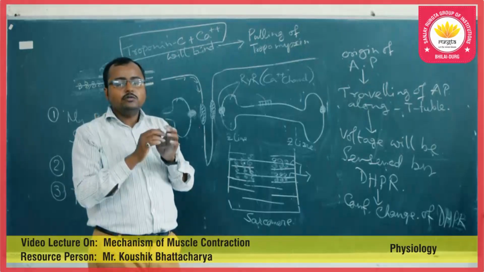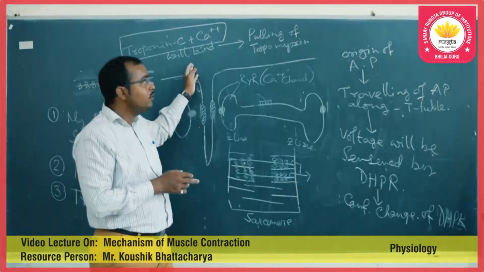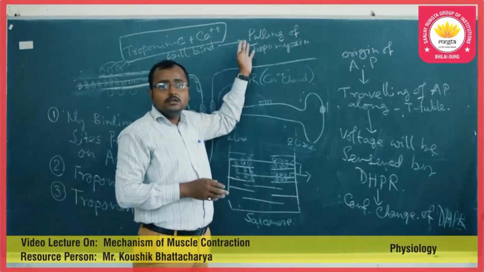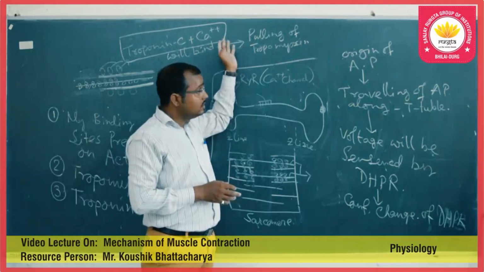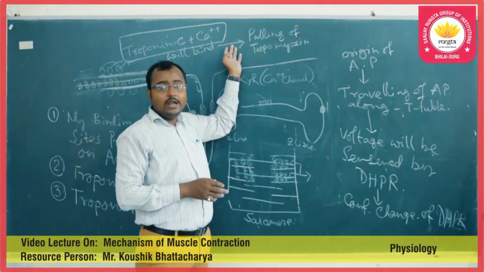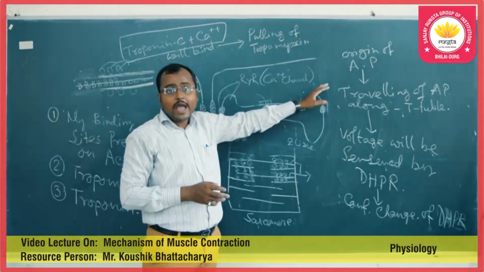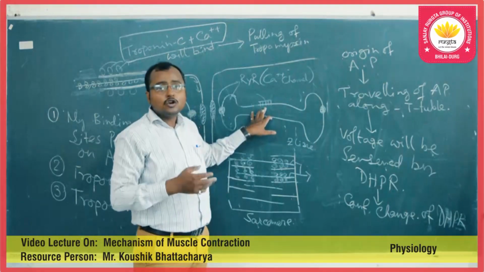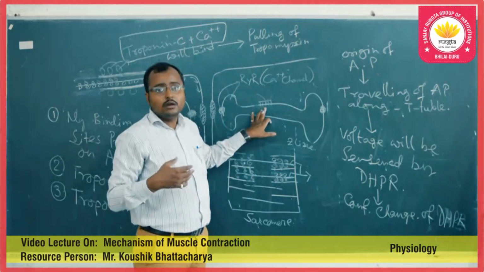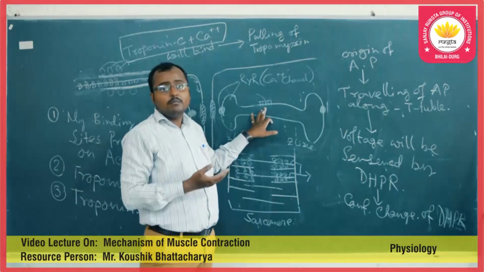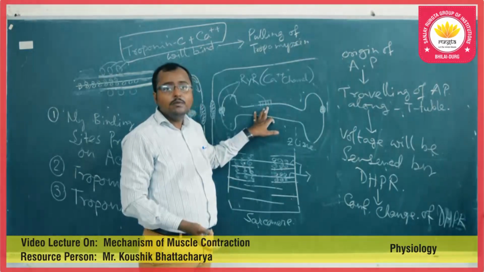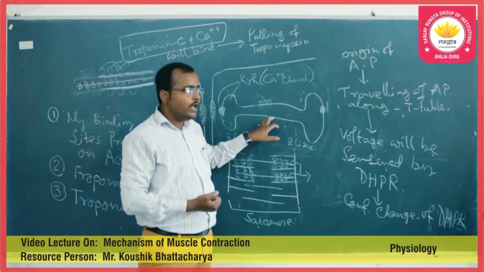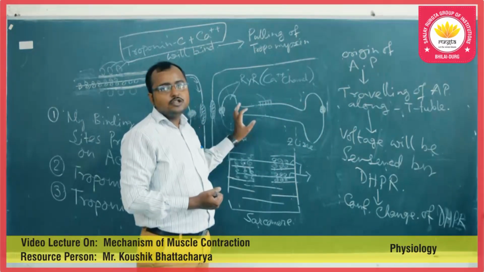During that time, the calcium ion will be detached from the troponin C and will get back to the storage area, where the SERCA, the sarcoplasmic endoplasmic calcium ATPase pump, is present. It will help to bring the calcium ion back inside the longitudinal tubule area, and then the calcium will be stored again.